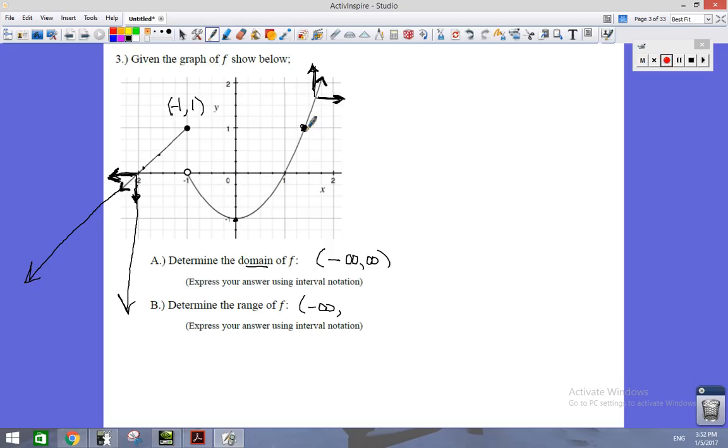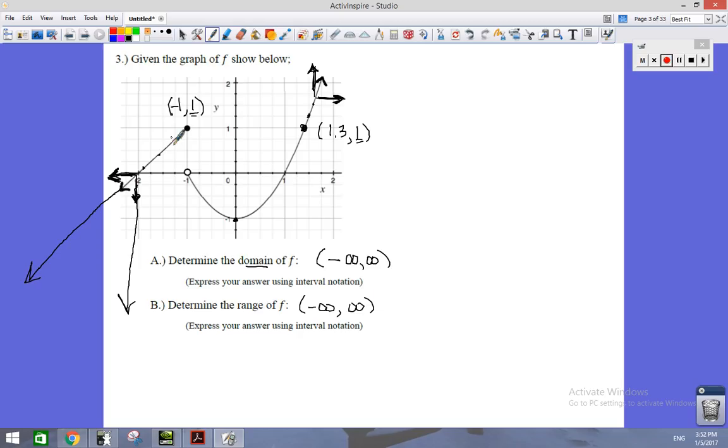Now over here, I don't know, it's some decimal number, say 1.3, I don't know. I'm really interested in that y value of 1. So here, 1 was in the range, 1 is still in the range, even though I'm now on this portion of the graph, and all these points are above that, and it's continuing to go up to infinity.